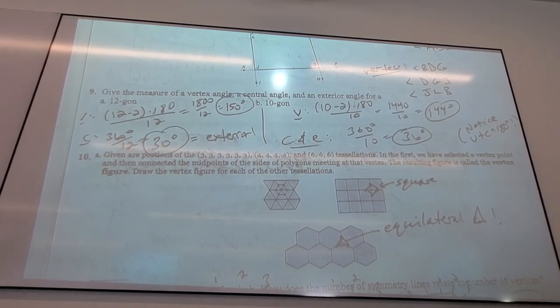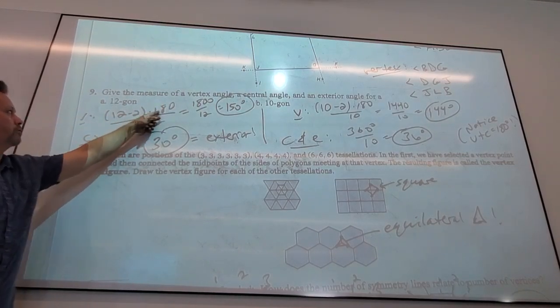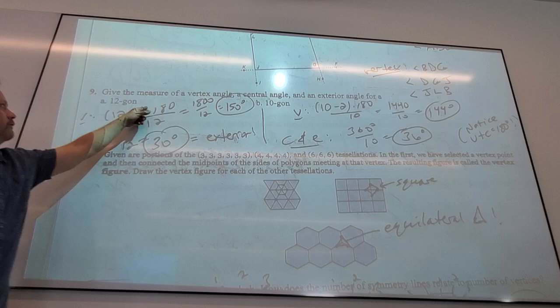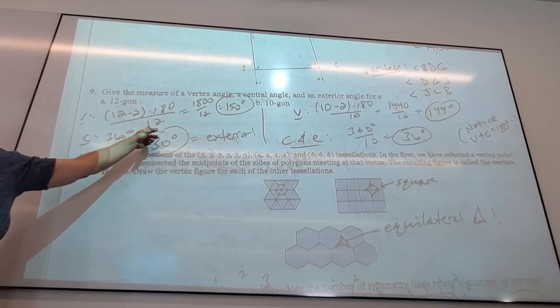So for any 5-sided figure, if I do 5 minus 2 times 180, I get the total degrees inside. If I divide that by how many sides it's got, I'll see how much each interior angle gets, each vertex angle. So the definition of a vertex angle is the total number of degrees I'm messing with divided by how many sides I've got.